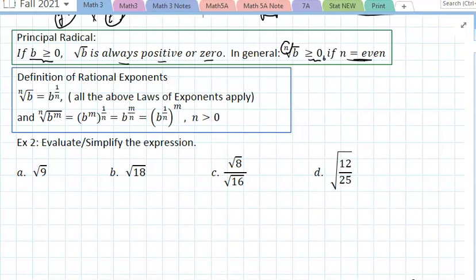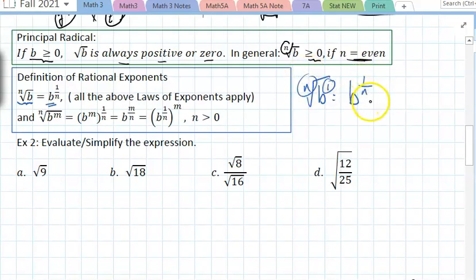Now, one main use is that I could take a radical and write it as an exponent. The nth root of b to the 1, I could write that as b to the 1 divided by n.